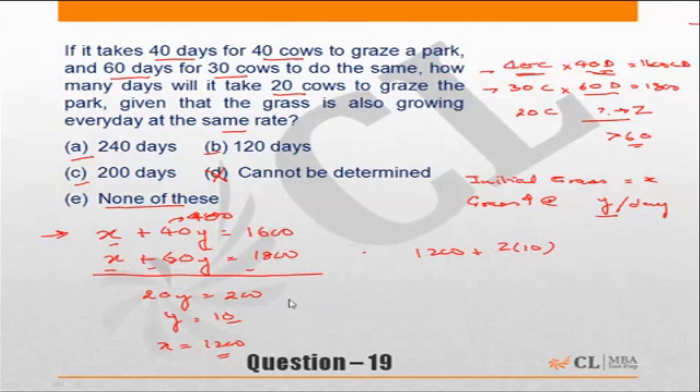Because this much grass will grow per day, in Z days it will grow by Z into 10. This should be equal to 20 cows into 20 into Z, as we have done above. Which implies 1200 is equal to 20Z minus 10Z equal to 10Z, or Z is equal to 120, or the number of days is 120 days.